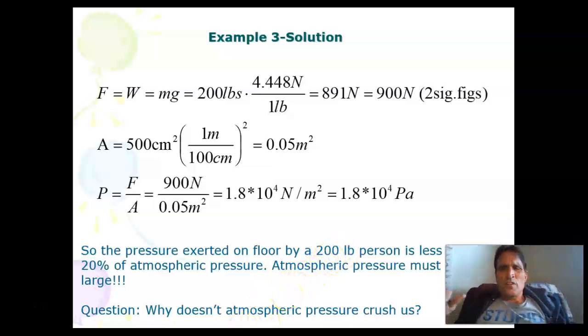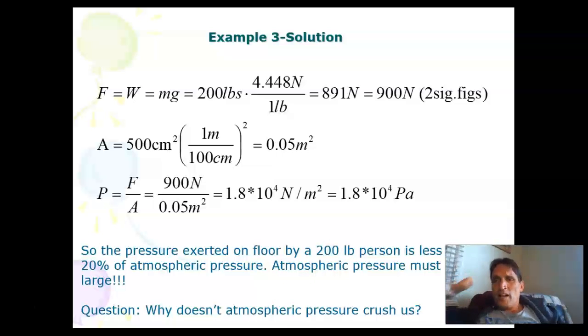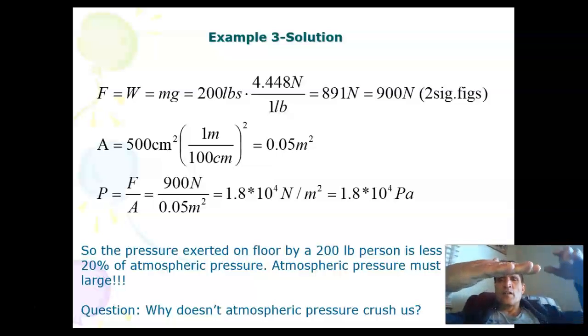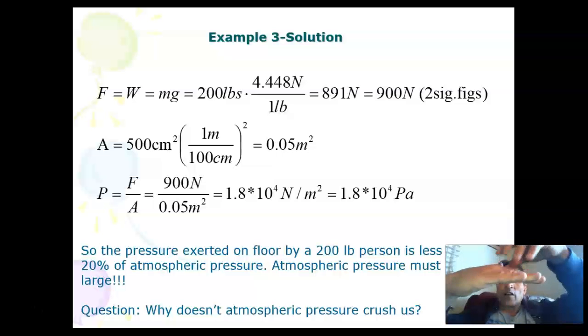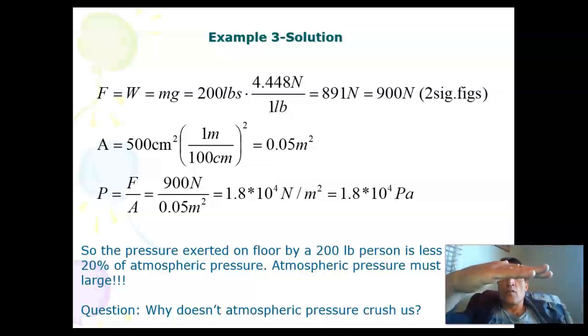So to do this, orient your hand horizontally. If the pressure is much, much higher than that of a 200-pound person, why isn't this crushing our hand? Well, the answer is that the pressure exerted on our hand by the fluid, the air, is the same in all directions.